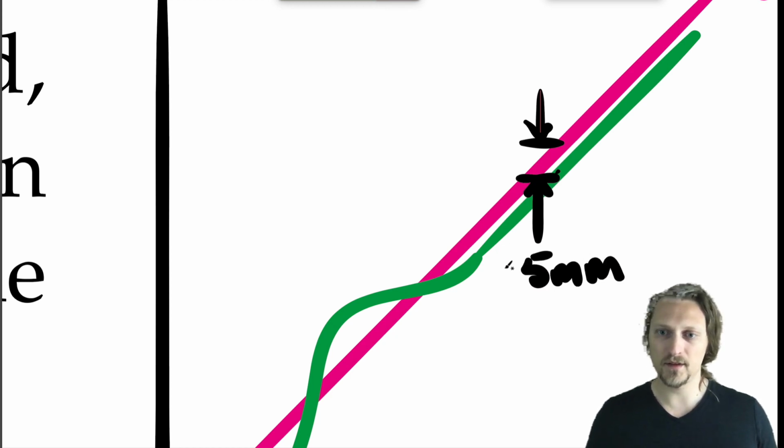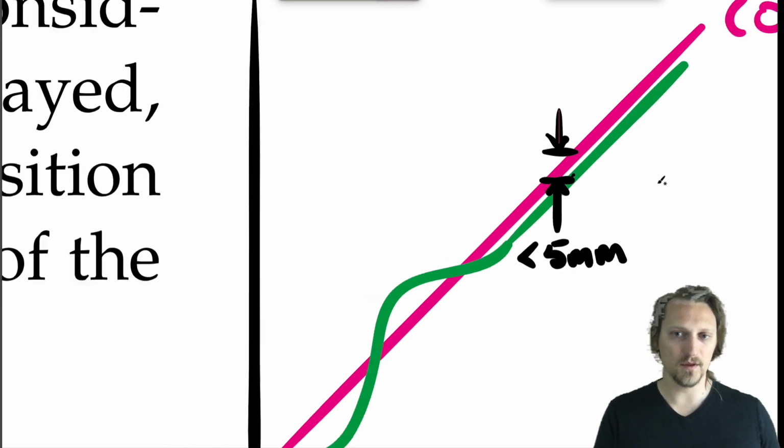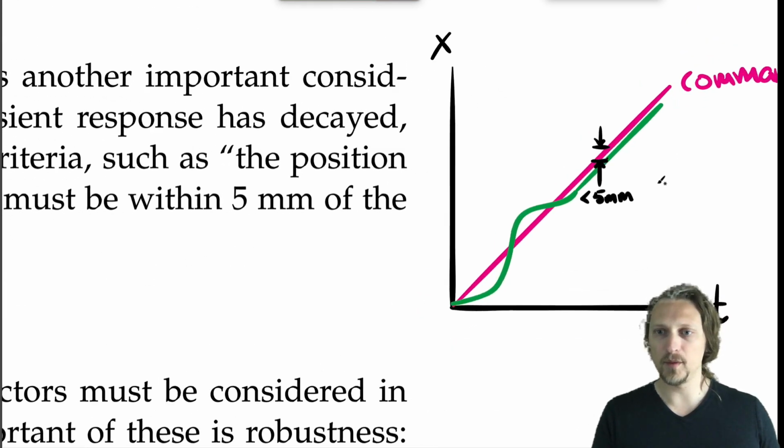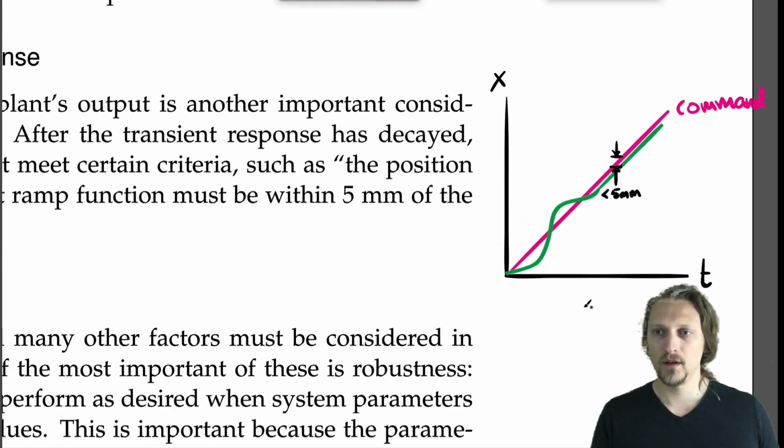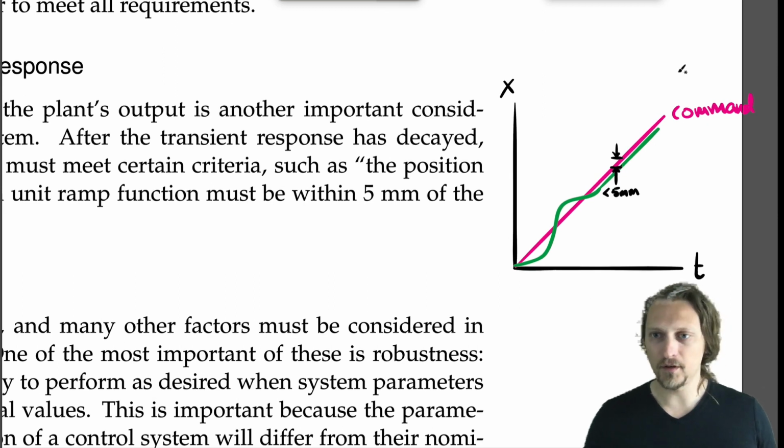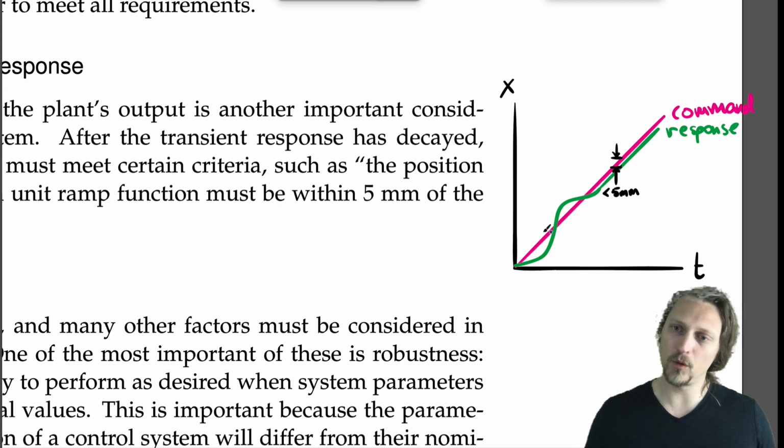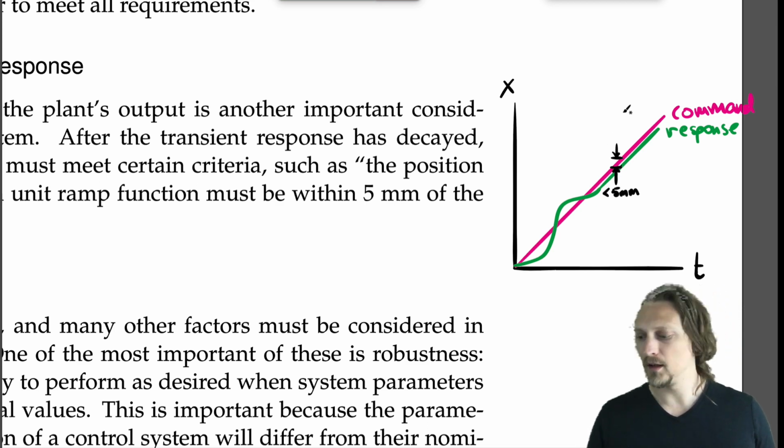And actually less than 5 millimeters, I think is what it said. Within 5 millimeters. Okay. I forgot to label that this is the actual response. So we have transient response requirements, so what's going on here, and then in steady state we also have different requirements for performance.